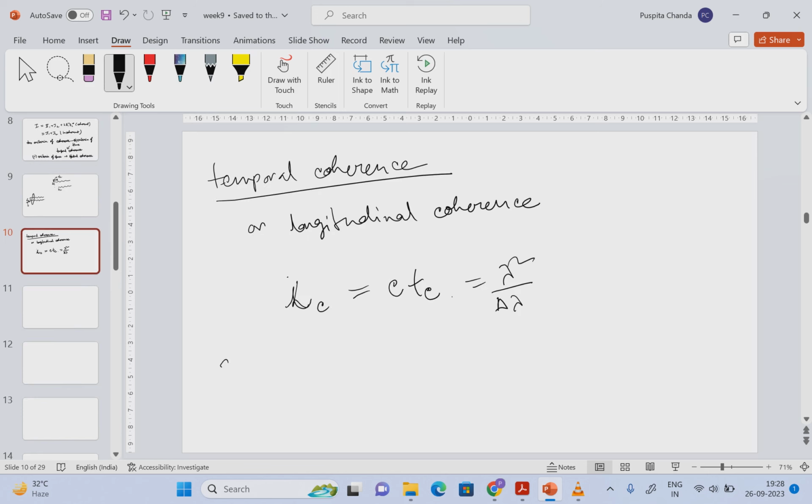And another is spatial coherence. This is referred to as transverse coherence.